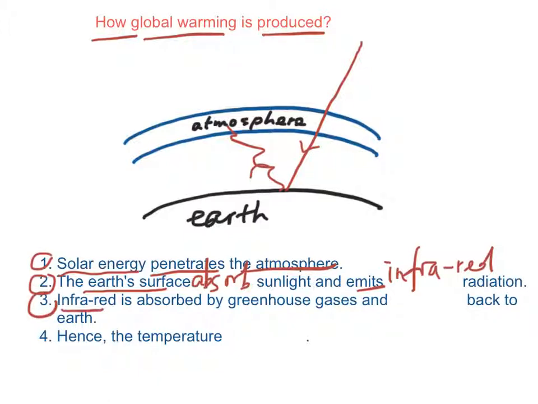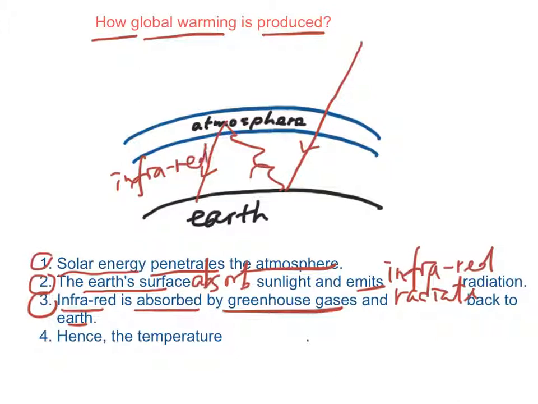The infrared is absorbed by the greenhouse gases in the atmosphere and radiated back to the Earth. Hence, the temperature of the Earth rises.